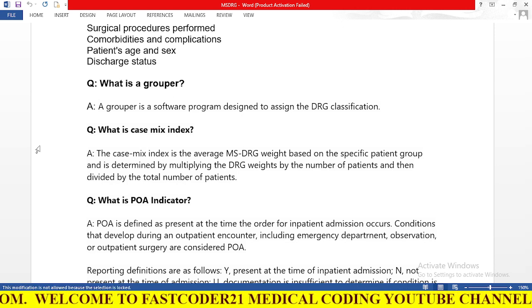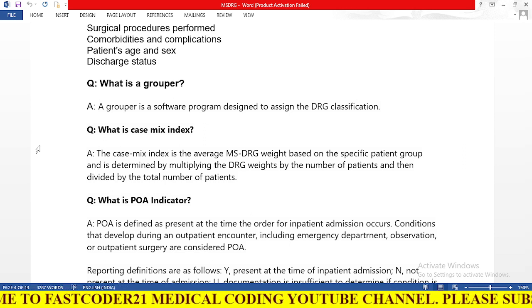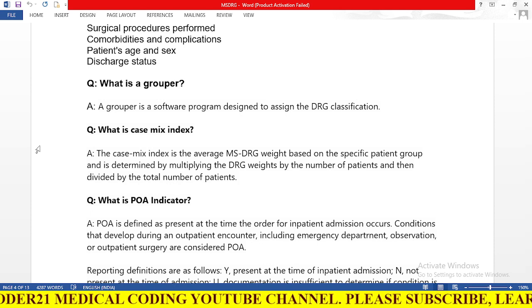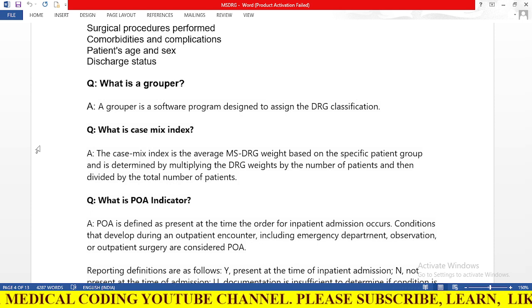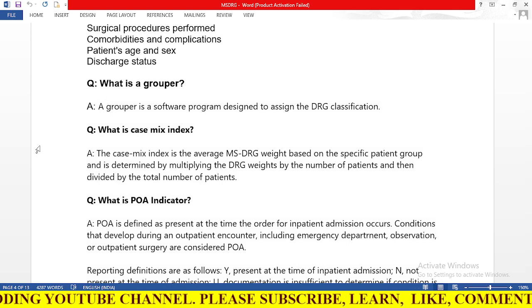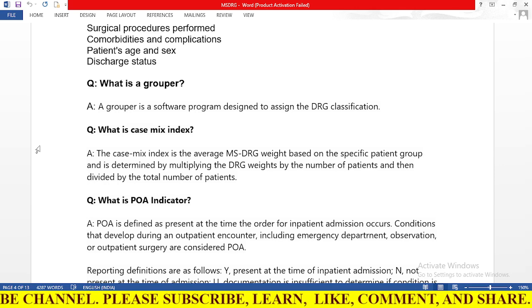Usually we call it CMI. So a higher CMI should equate to treatment of sicker patients, as the highest relative weights are associated with surgical patients compared to medical patients, and MS-DRGs with MCCs compared to those with only a CC or without a CC or MCC.